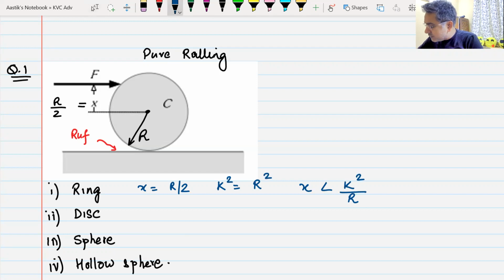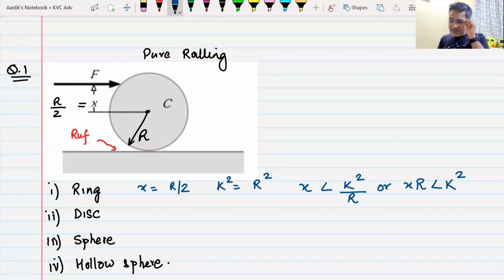Either you can remember it in this form or in this form: x into r is smaller than k square. Here x into r is r square by 2 and k square is r square. So this condition is met.